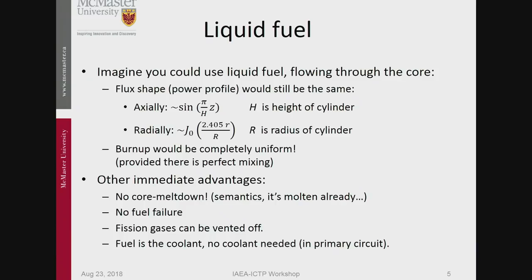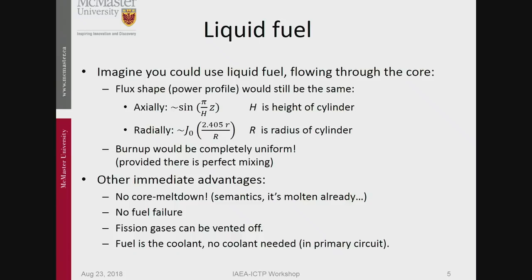And there are other immediate advantages. The first one that was mentioned already is a bit semantics: you don't have a core meltdown, because the core is already molten. But it doesn't mean that nothing can go wrong. You cannot have fuel failure. We didn't talk much about fuel failures this week.